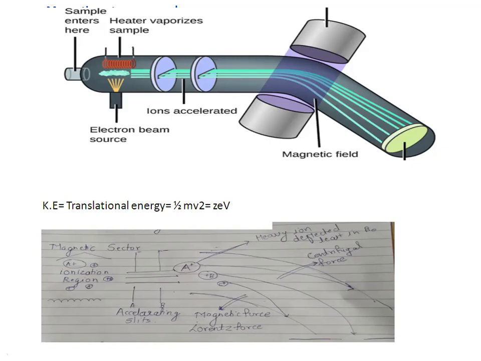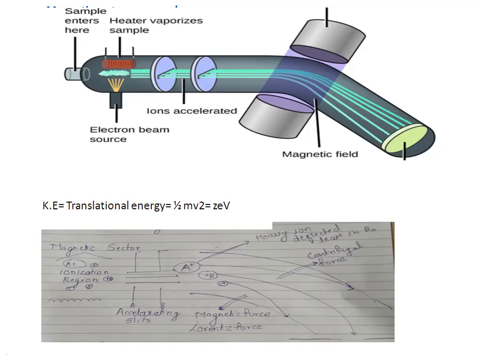In the absence of the magnetic field, those ions will travel in a straight line, as we do in time of flight kind of instruments. In magnetic sector, we have applied a magnetic field and hence the trajectory will change from the straight line to a curved path.